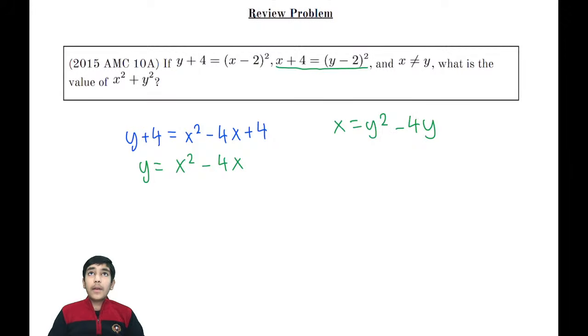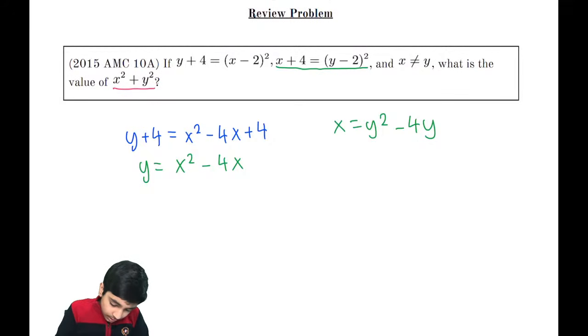Okay, so now what can we do? From here, we can see that we want to find x squared plus y squared.